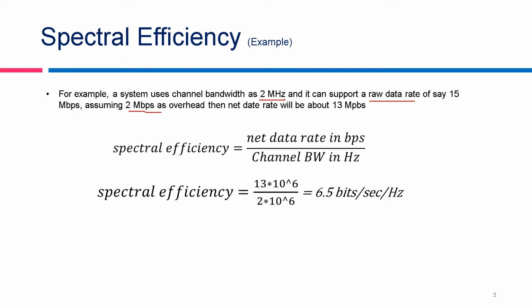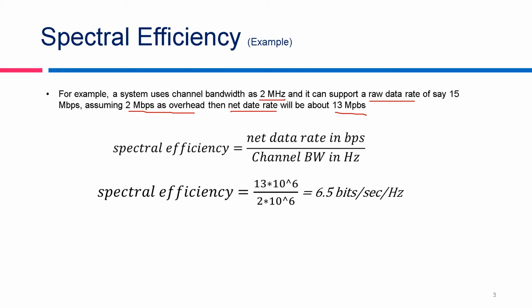Assuming 2 Mbps as overhead, the net data rate can be calculated as 13 Mbps. This net data rate is calculated by deducting the 2 Mbps overhead from the raw data rate of 15 Mbps.